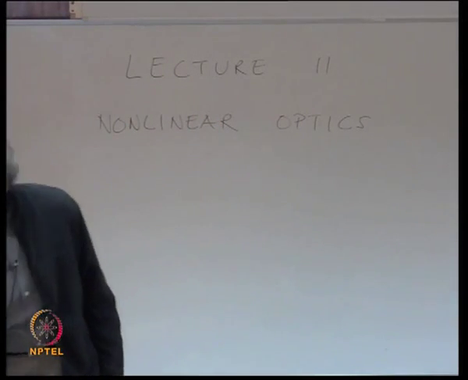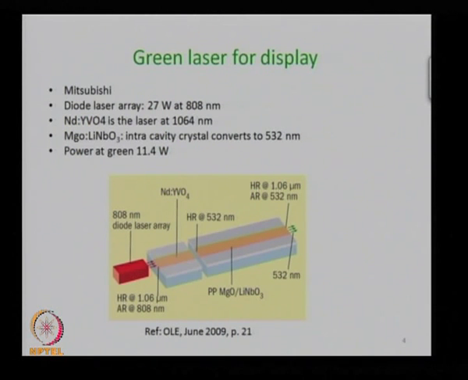In fact, in a recent publication in June 2009, they have shown you can generate green light using this second harmonic generation. In fact, there are some green laser pointers. They actually have an infrared laser and a second harmonic generator within the green laser pointer. So you can convert 808 nanometers to 404 nanometers.